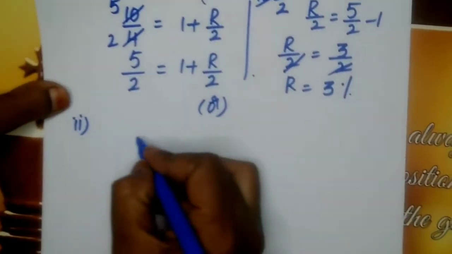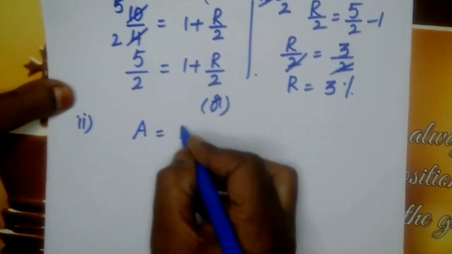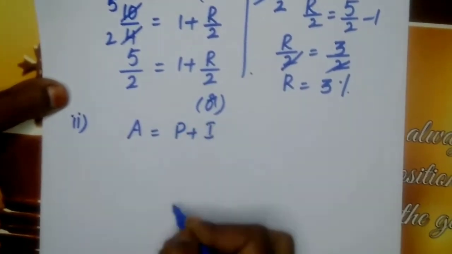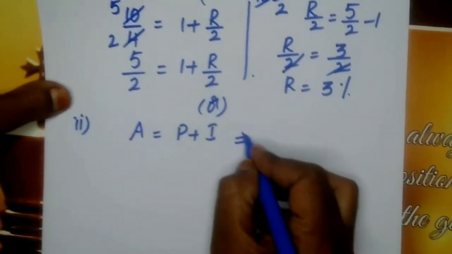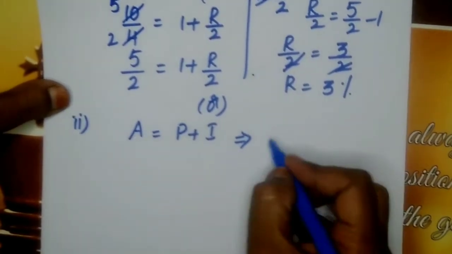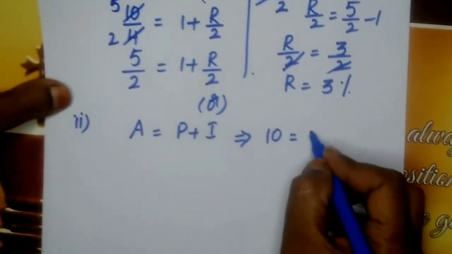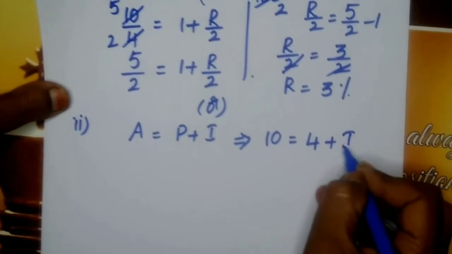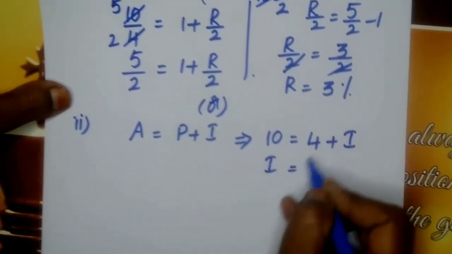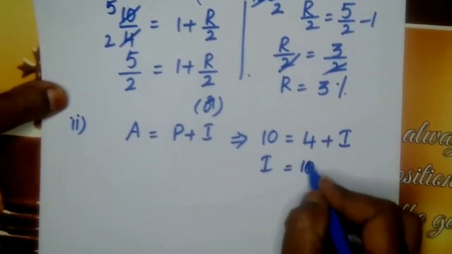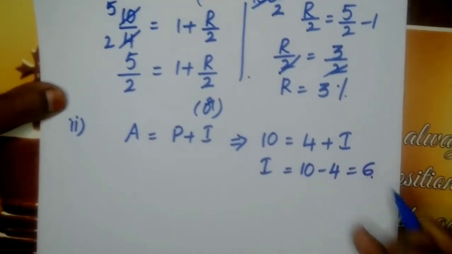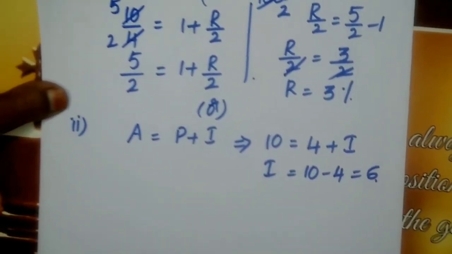Here is another formula for amount, A equals P plus I. From this formula we can write A means 10 and P is 4 plus I. So we can calculate I, no? Sending 4 to that side, 10 minus 4 which is 6. So I equals 6.